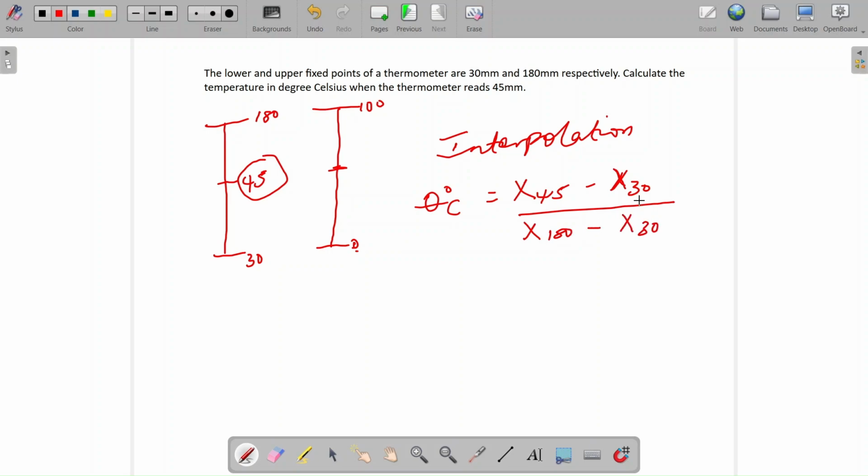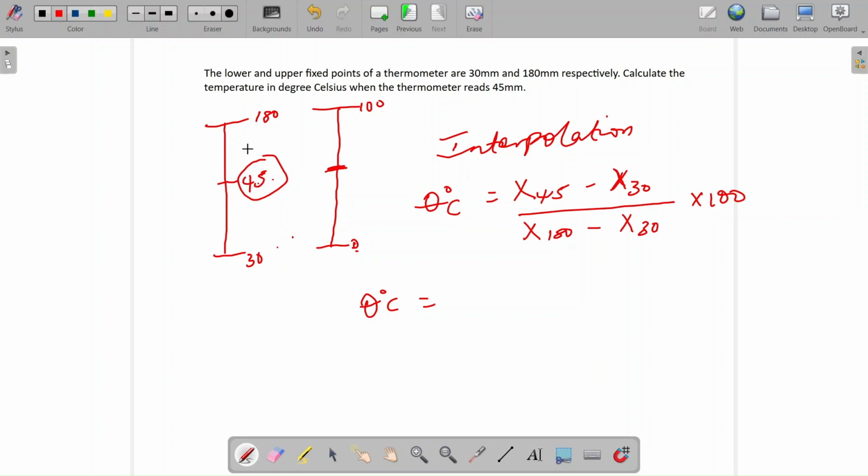So what you are doing is comparing from top to bottom, then from this place to bottom. Then times 100, because your unit is from 0 to 100. So that is just interpolation, middle to bottom, then top to bottom, for any data that you are looking for.